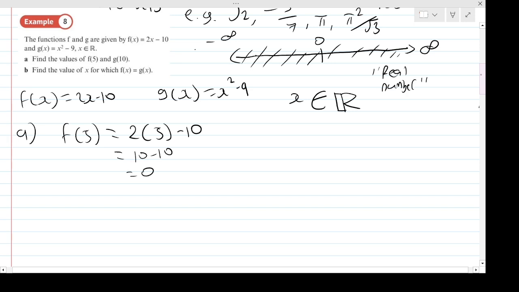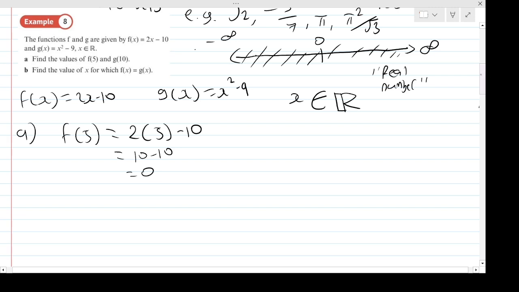Therefore, when the domain is 5, the range is 0. So when I input 5, I get out 0. The input is 5, the output is 0, or when the domain is 5, the range is 0. Okay, and you'll start to get used to that sort of language.